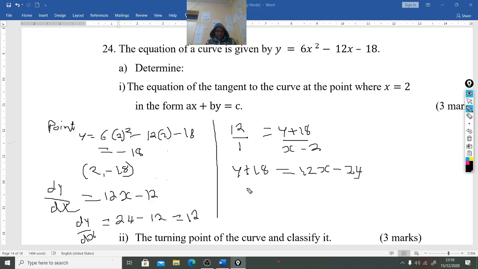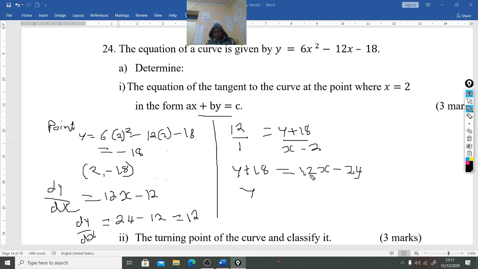Now we shall have like terms together. Rearrange in the form you are told, ax plus by equals c; if it is not in that form, you don't get it correct. If I bring 24 here, it will be added, and 24 plus 18 gives you 42.